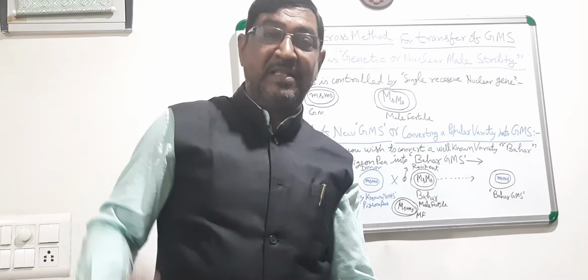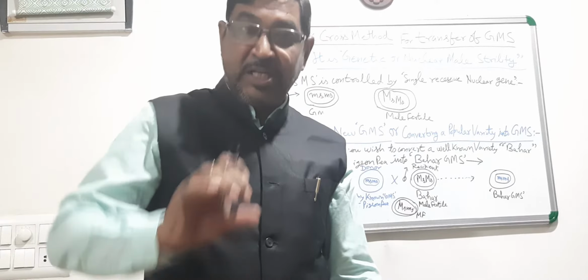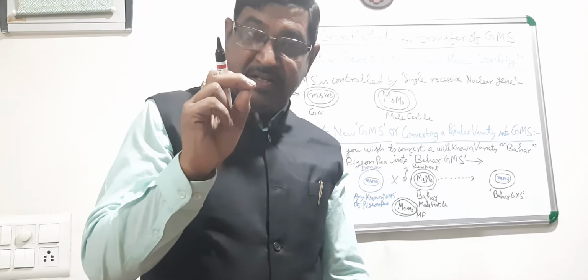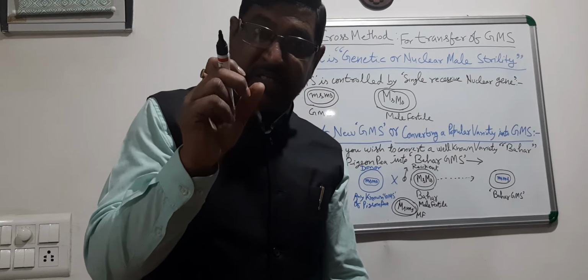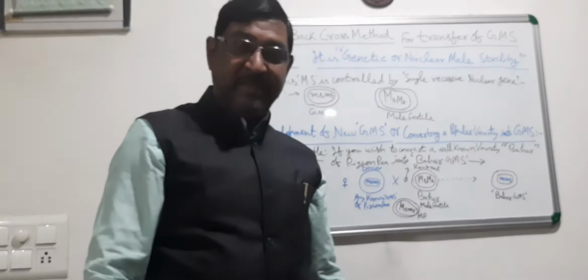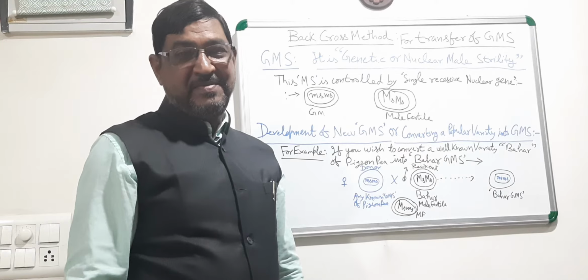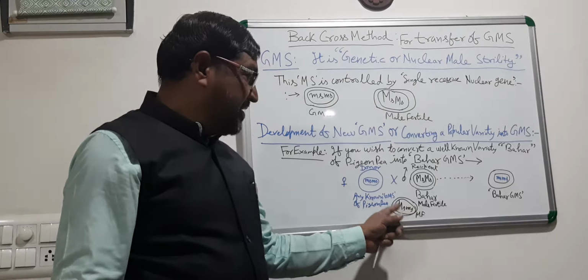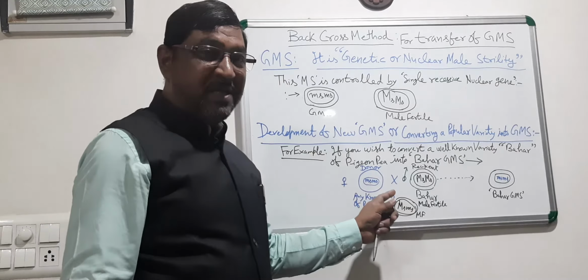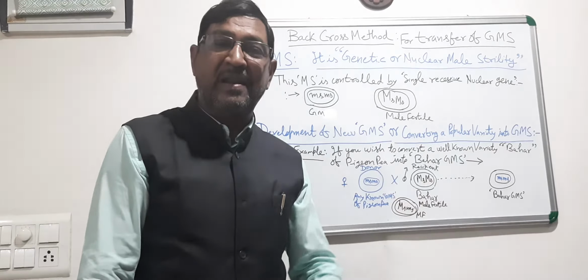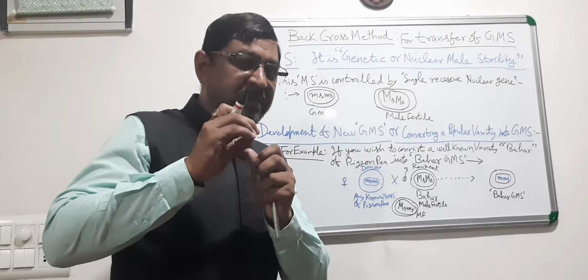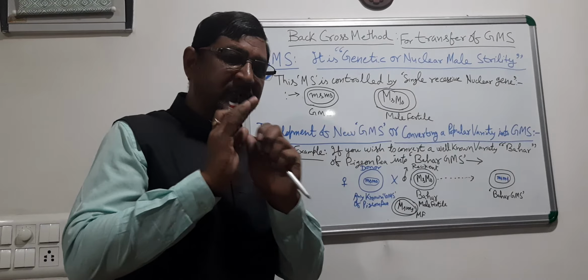As you have seen in the case of transferring disease resistance, when resistance is governed by a recessive gene, the F1 is becoming susceptible. Likewise here, when you wish to transfer the MS gene, the F1 is becoming male fertile. So you don't worry for anything.